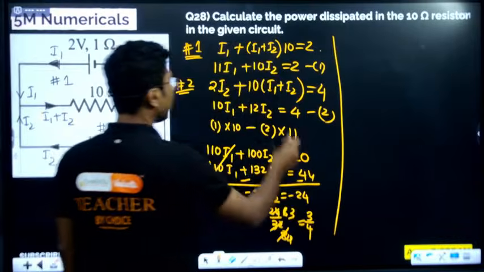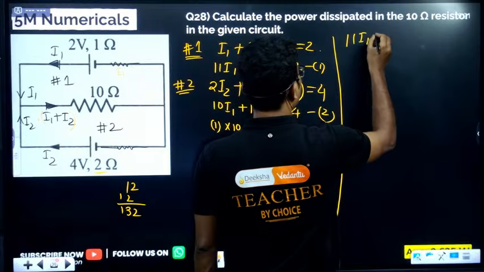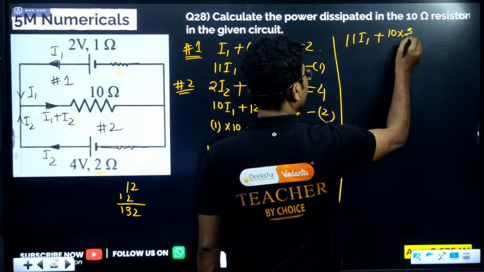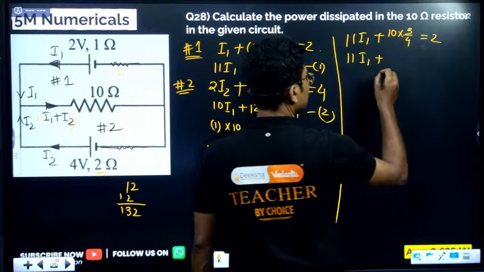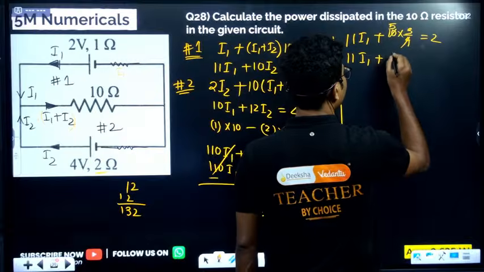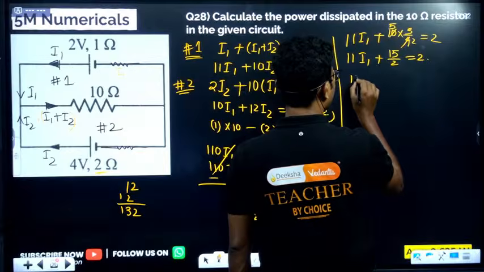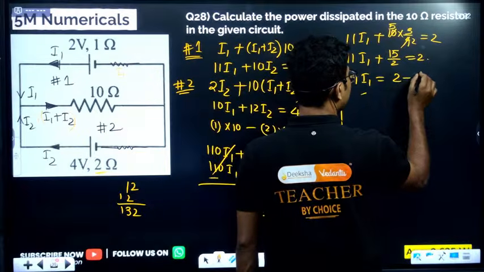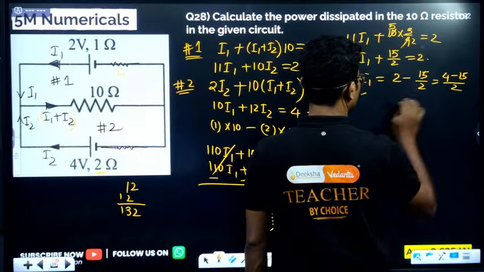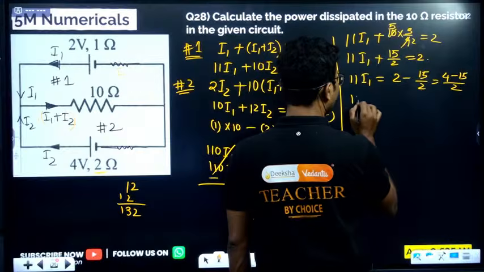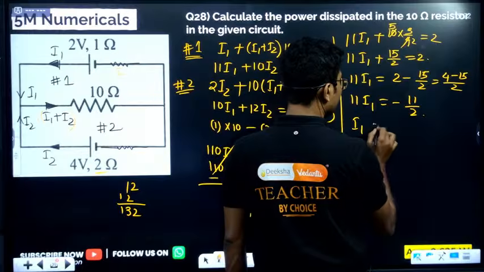Now you go back into equation 1, put the value of I2, you get 11 I1 plus 10 into 3 by 4 equals 2, or 11 I1 plus 15 by 2 equals 2, or 11 I1 equals 2 minus 15 by 2, so 4 minus 15 by 2. Okay, so it will be 11 I1 equals minus 11 by 2, or I1 equals minus half.